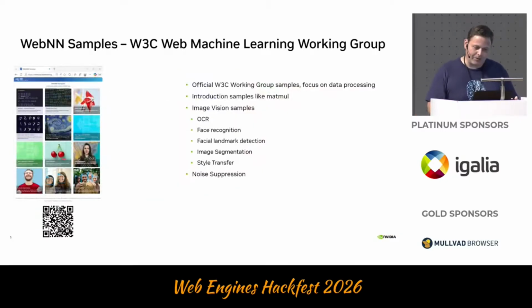And for the WebNN standard itself, if you want to take a closer look at what it can do, there are multiple pages with samples. I don't want to go into great detail here, but the official learning group has some samples which are mostly image vision samples for object recognition, face recognition, landmark detection. So it's more on the vision side, and noise suppression as well.